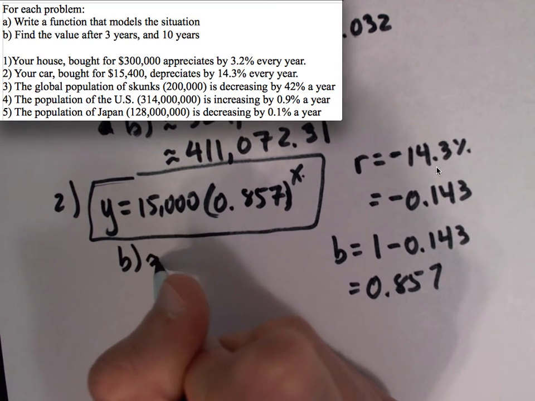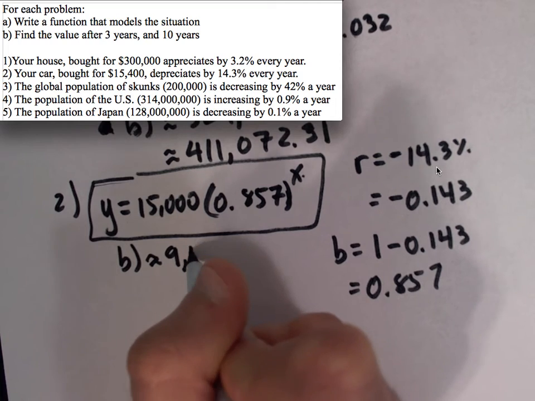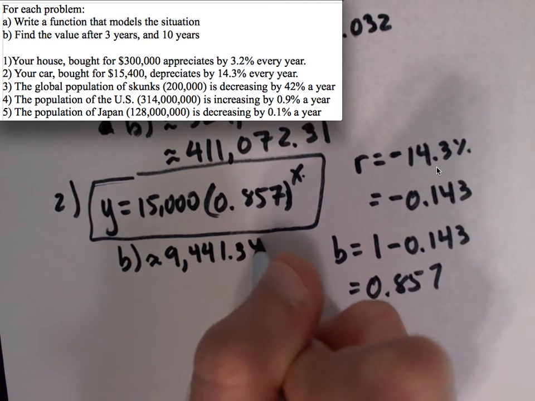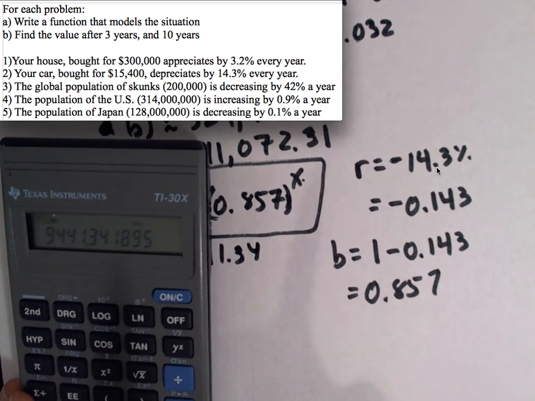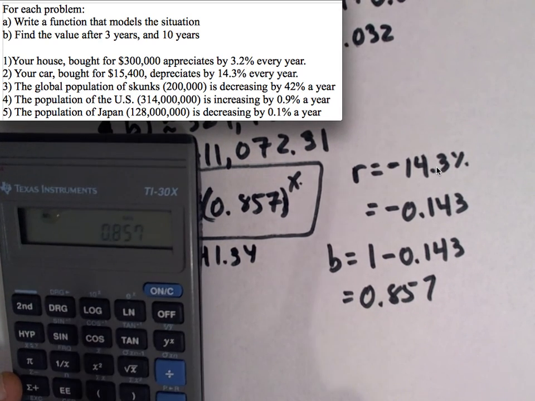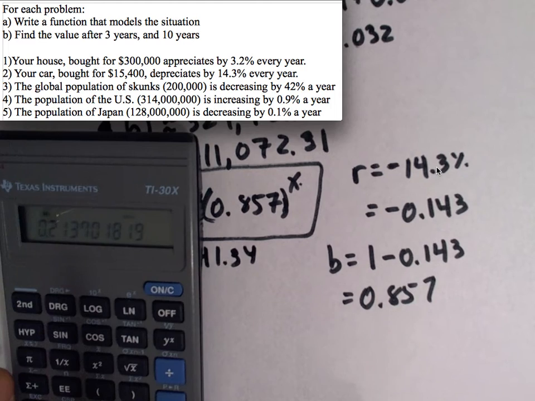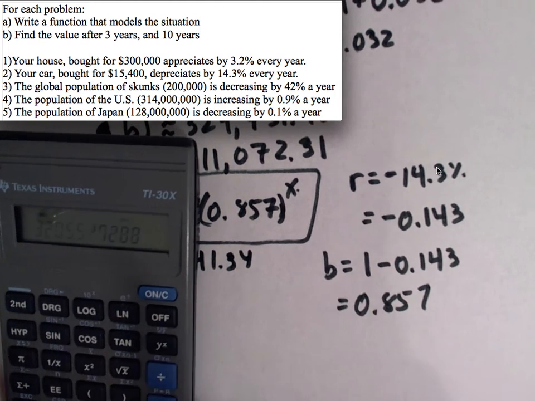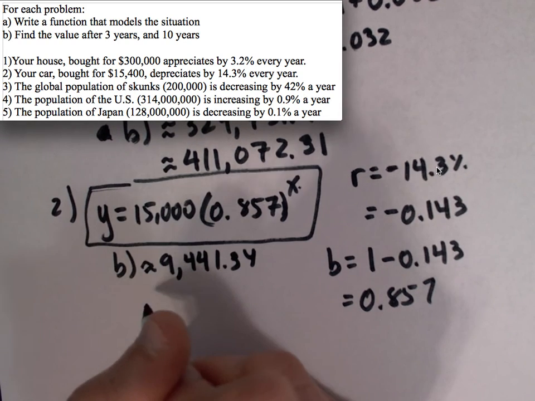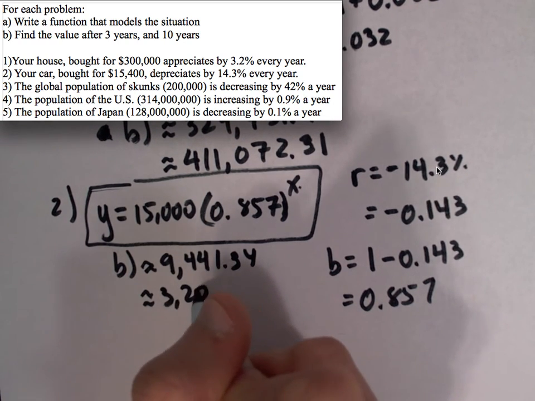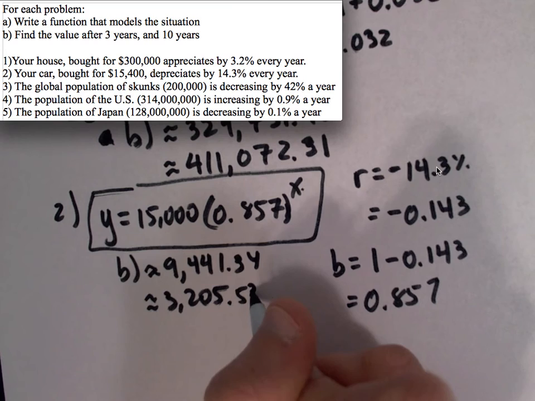Part B. We'll do the same thing after 10 years, x equals 10. So 0.857 to the 10th power times 15,000 equals approximately $3,205.53.